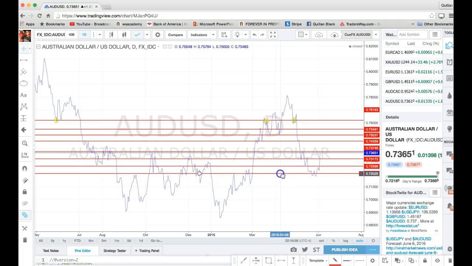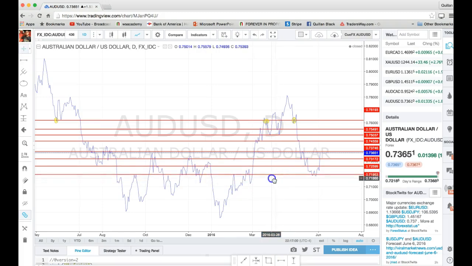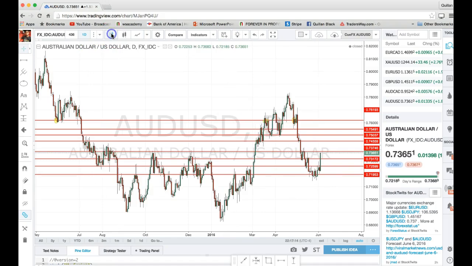And keep on scrolling down. Okay? Irrelevant, because look, resistance, resistance, resistance, support, support, support, resistance, support right here, and support all over here also. Let's look how it looks on the candlestick chart.